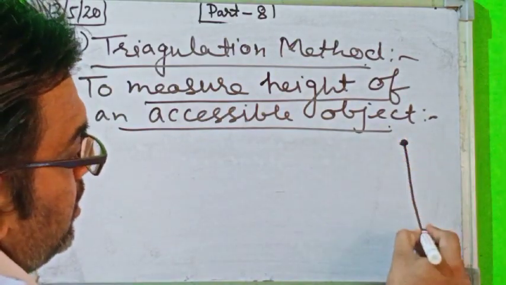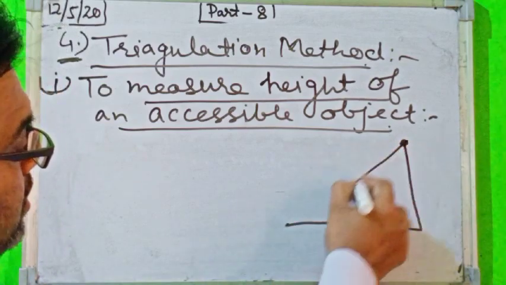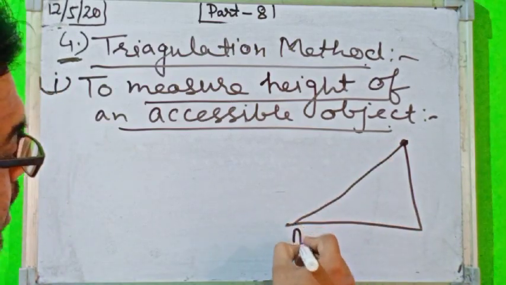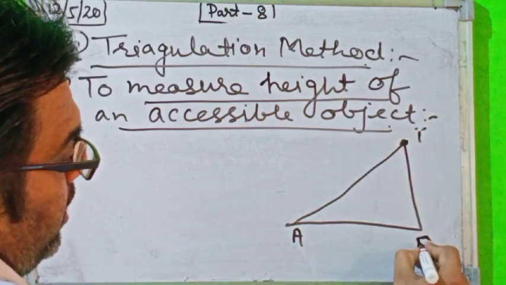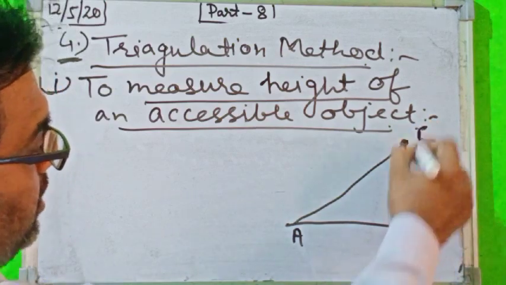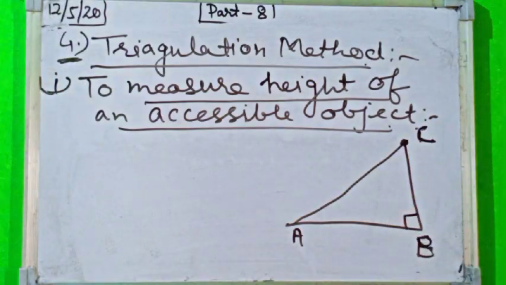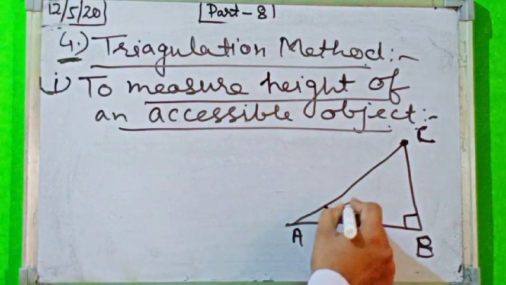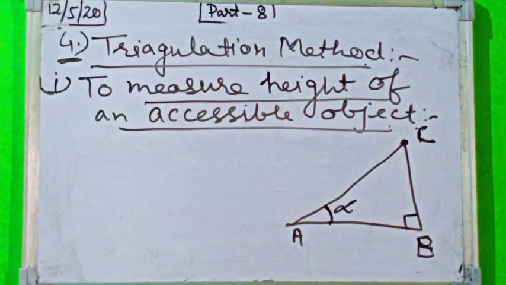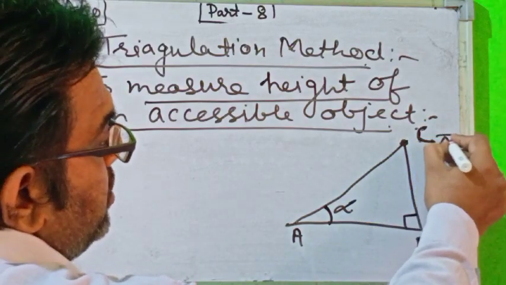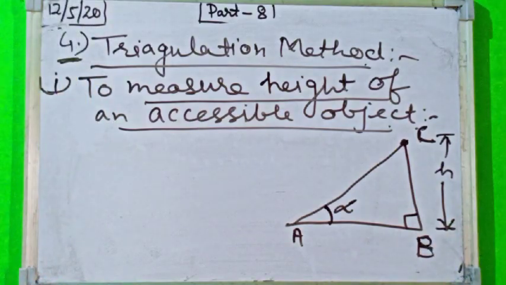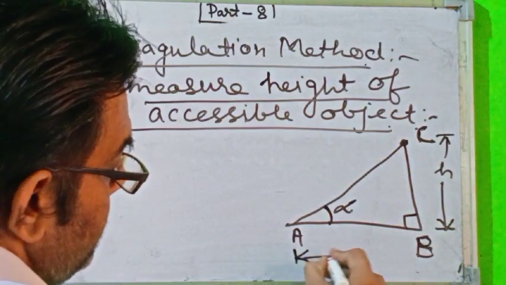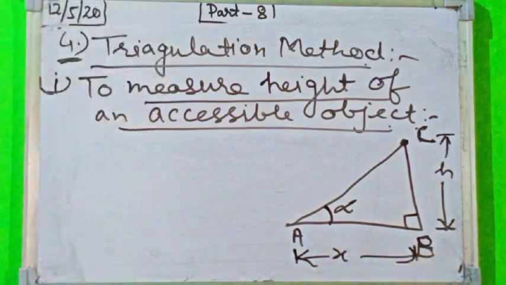Suppose A, B and C make a right angle triangle, and alpha is the angle of elevation. This is the height h you want to know, and you can easily measure this distance x.